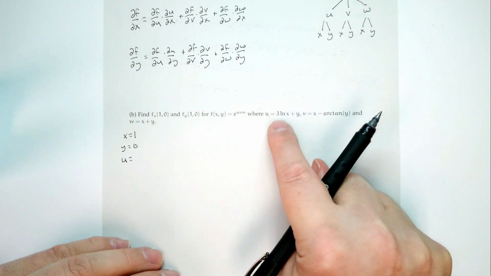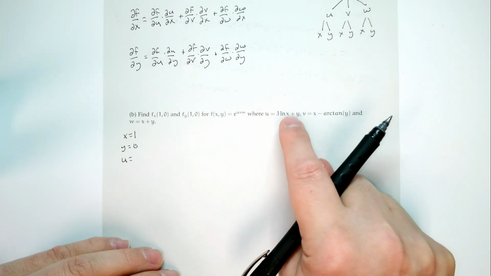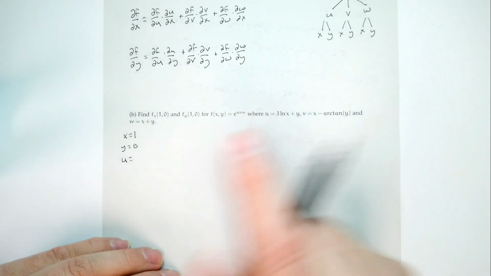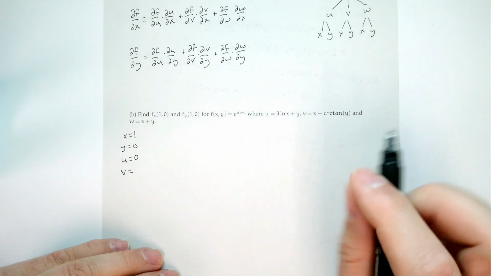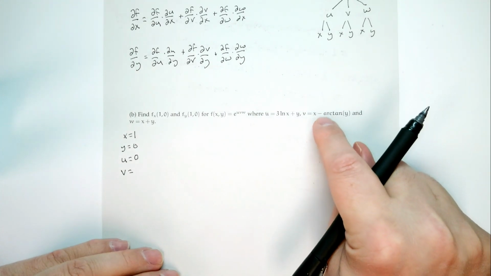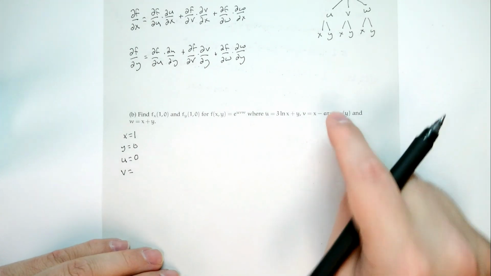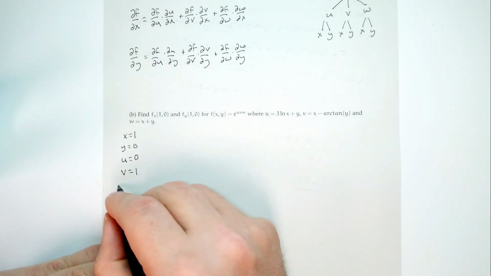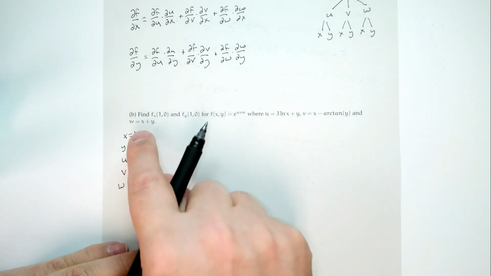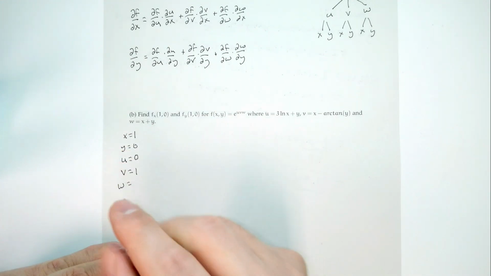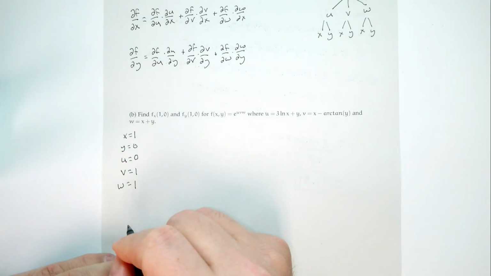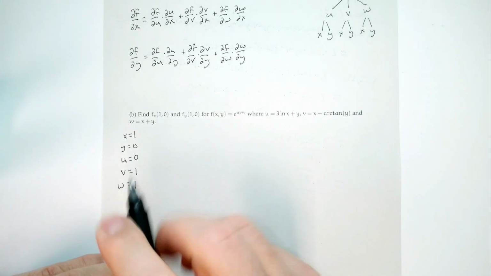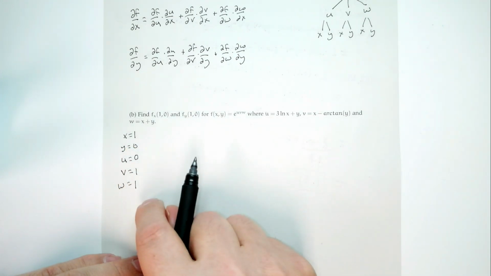So 3 natural log of 1 plus 0 becomes 0. How about v? You get 1 minus arctangent of 0, which is 1. How about w? 1 plus 0 is 1. All right, so far so good. Okay, so there's our x, y, there's our u, v, w.